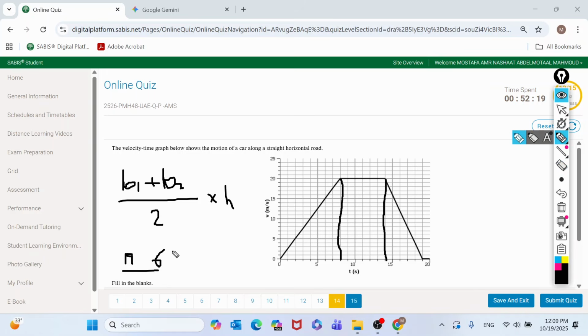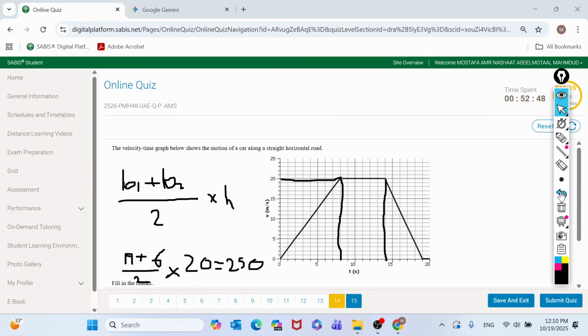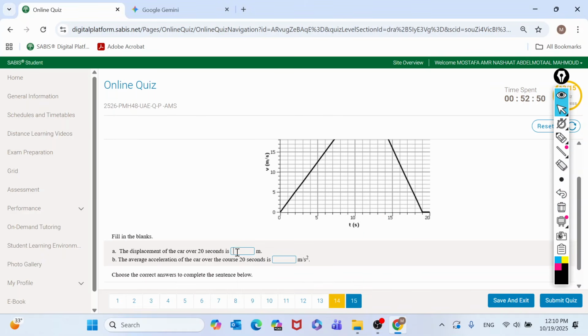So 19 plus 6 over 2 times the height, which is 20. So 19 plus 6 divided by 2 times 20, you get 250.